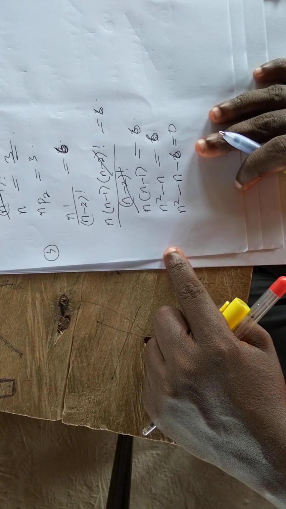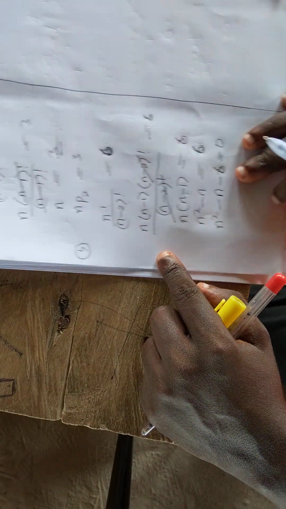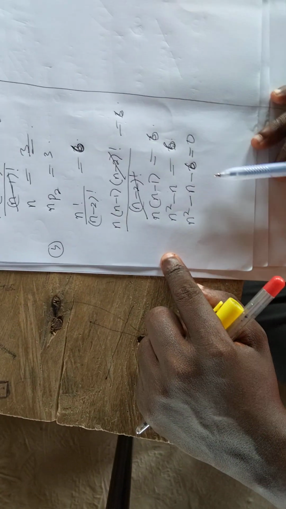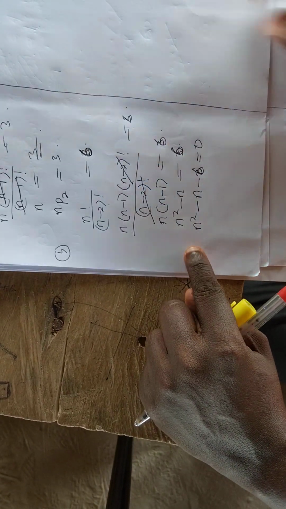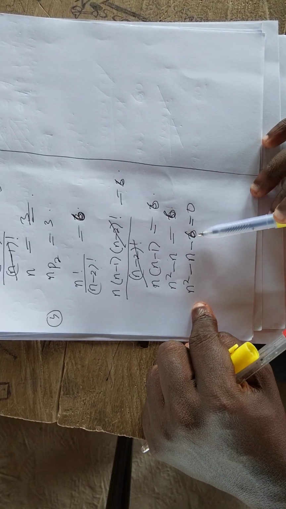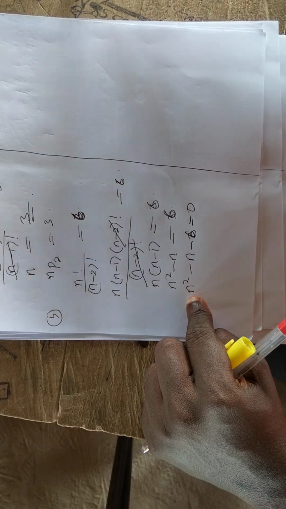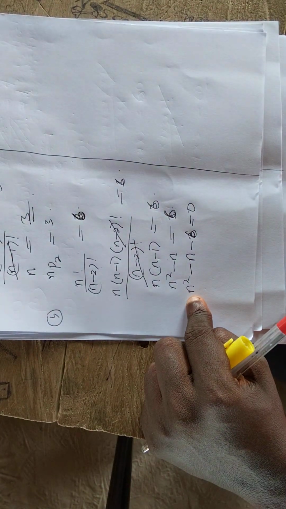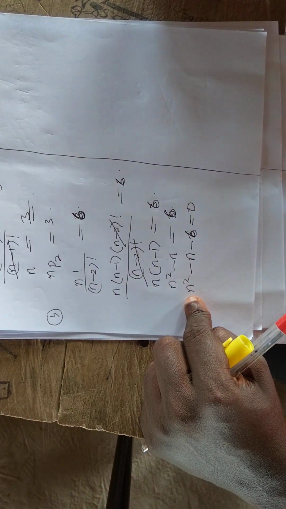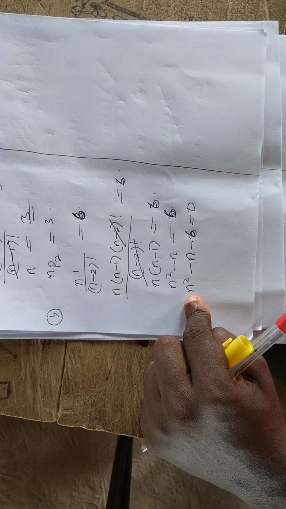So we are going to use the factorization method. First of all, we use the minus 6 times n squared. It will give us minus 6n squared. So we are going to think of two numbers which, if they are multiplied, we are going to have minus 6.